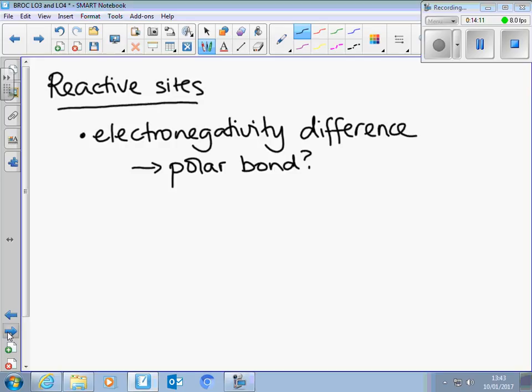You can easily pull the rope away from the weaker team. So in the example with the carbon and the chlorine, you end up with a slightly positive charge over the carbon and slightly negative around the chlorine, and because the electrons are spending more time on the chlorine side of that bond, that's a reactive site.